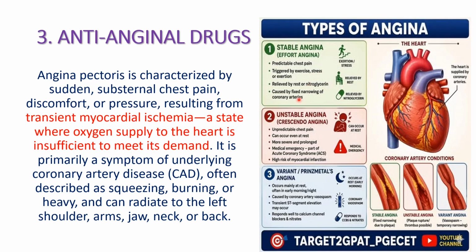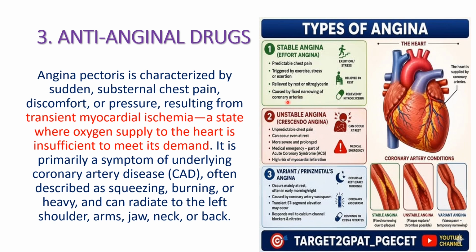It is generally caused by narrowing of our coronary arteries, as we can see here in stable angina. So this is the primary or stable one, simple and stable. You can cure it very simply, sometimes by rest or by nitroglycerin, the basic one.